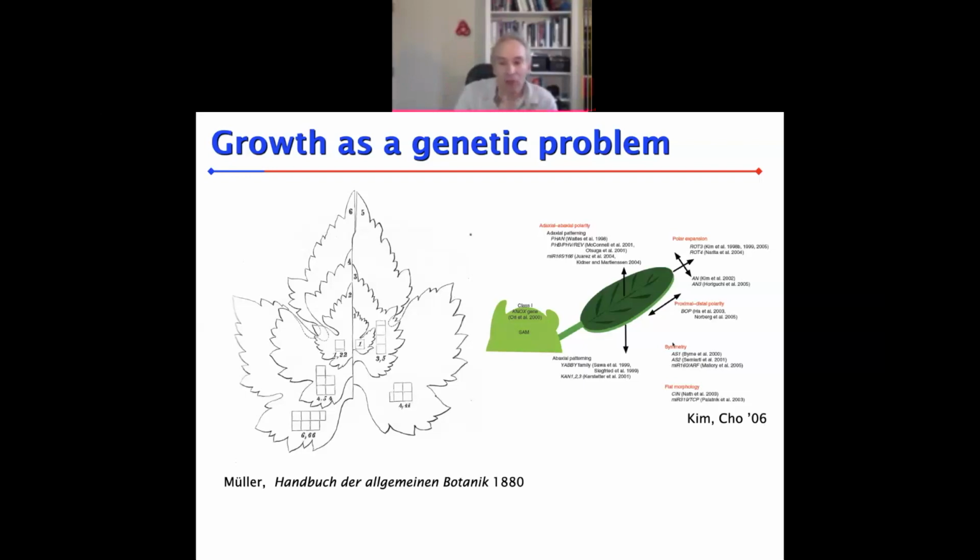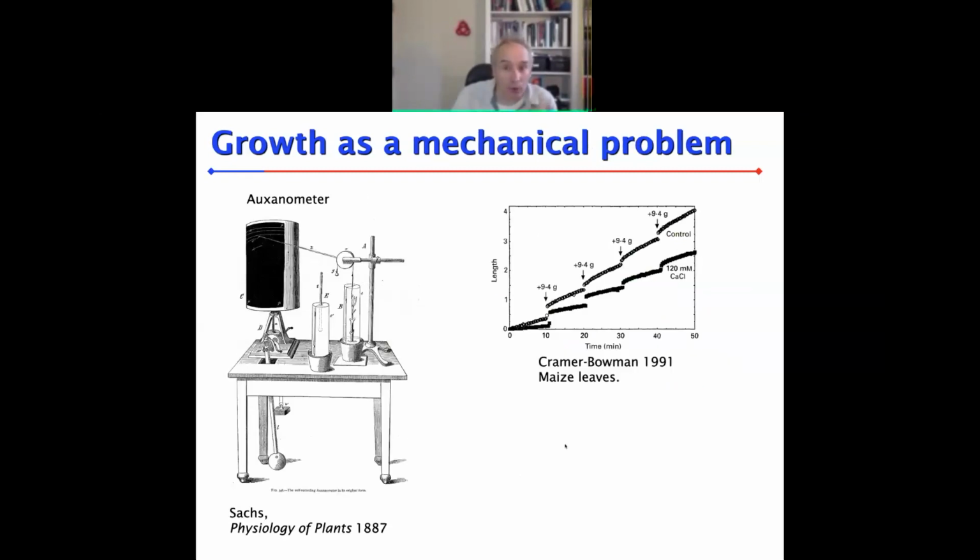It's a fundamental question. But there are other problems, and problems that are of more direct interest to me than genes, is to try to develop a theory of growth based on other fields. An important field, viewing growth more as a mechanical problem, is to relate growth to forces, for instance.